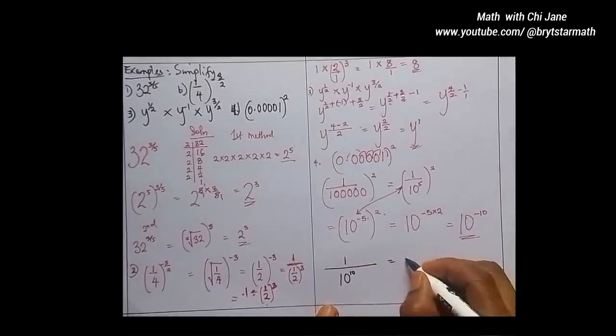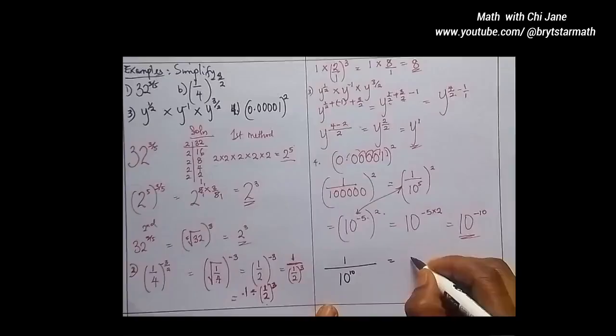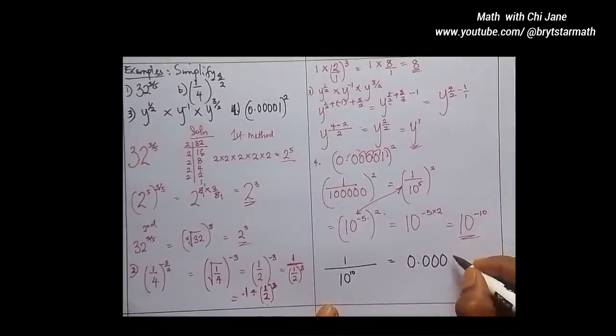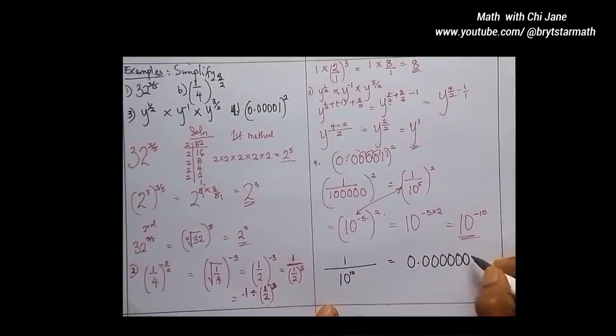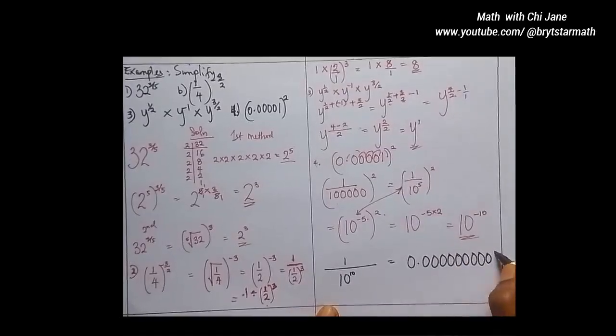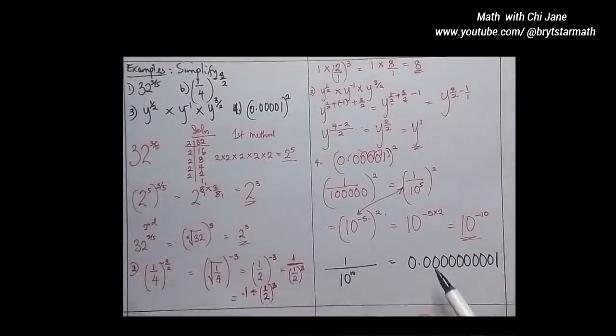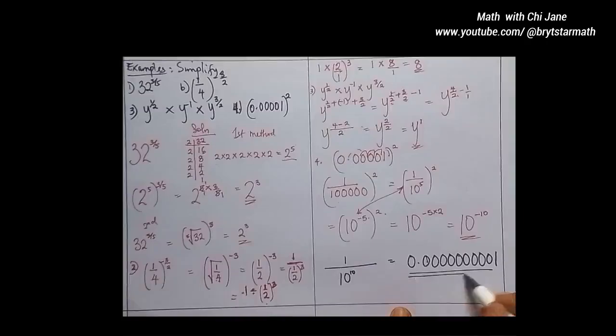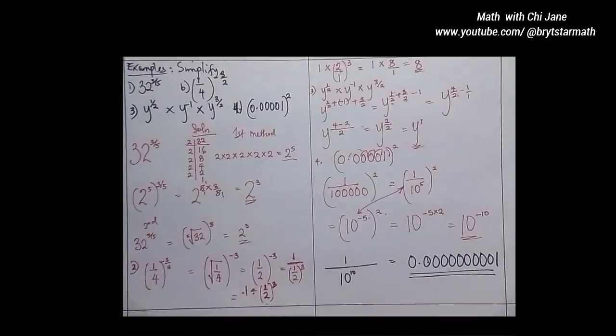Instead of making it 1 over 10 raised to the power of 10, it becomes 0.0000000001. This is the final answer.